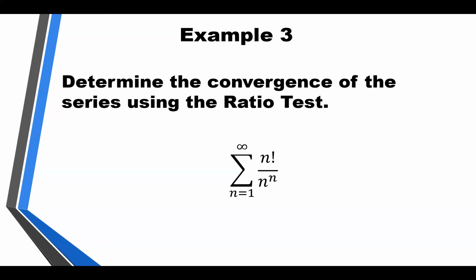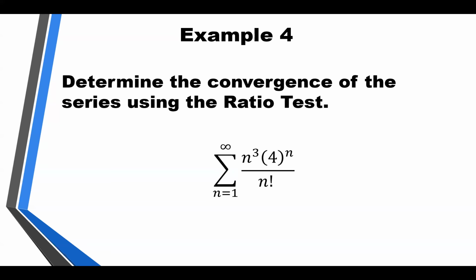Let's look at another example. Let's determine the convergence of this series using the ratio test. And since the ratio test goes pretty quickly with this one, you can also try to do this next one as well. I'll do both of these.